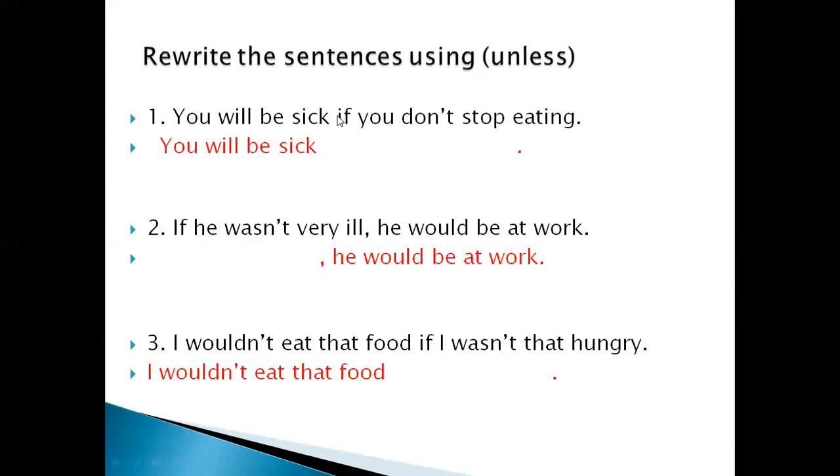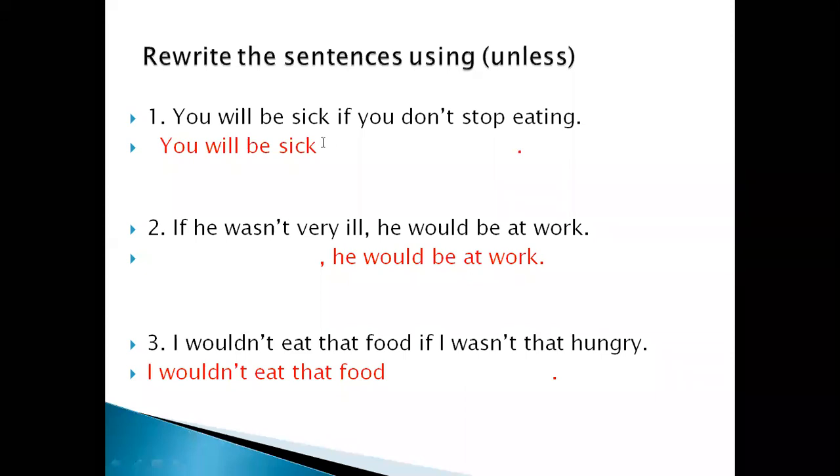Let's write the answer. You will be sick unless you stop eating.